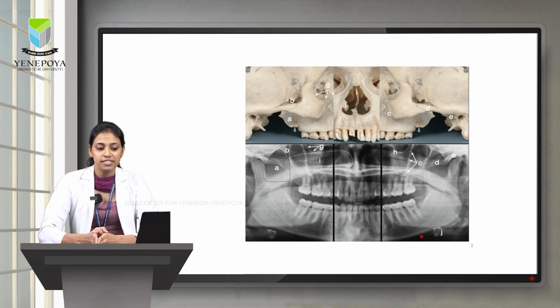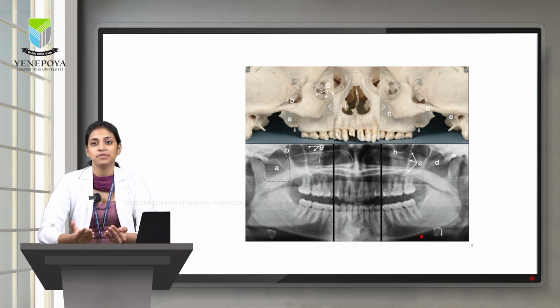The skull is split vertically down in the mid-sagittal plane and each half is folded outwards. So, the central portion is formed by the nose, nasal cavity and the maxillary and mandibular anterior teeth.